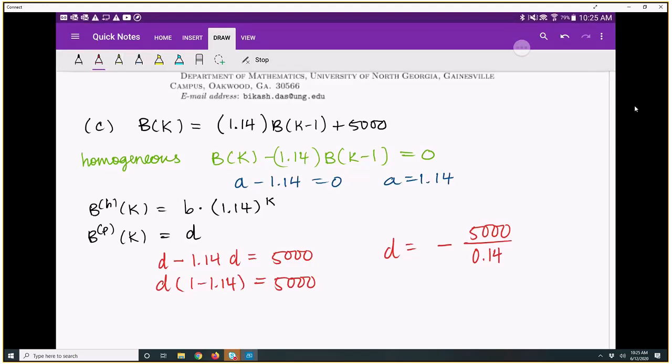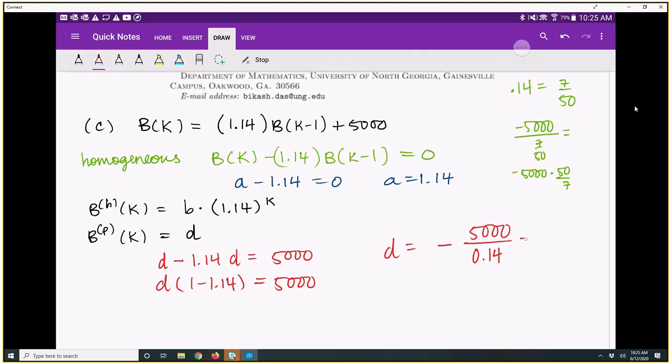And just like last time, I think it's a little bit easier to work with fractions. So I'm going to, off to the side here, note that 0.14 is 7 over 50. So negative 5,000 divided by 7 over 50 is equal to negative 5,000 times 50 over 7.